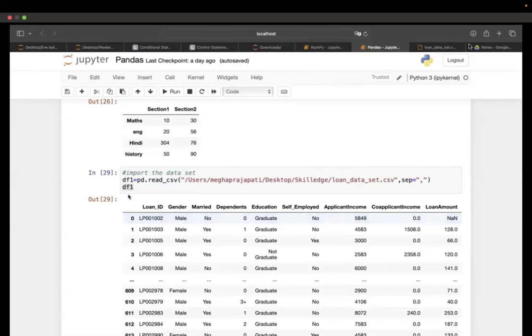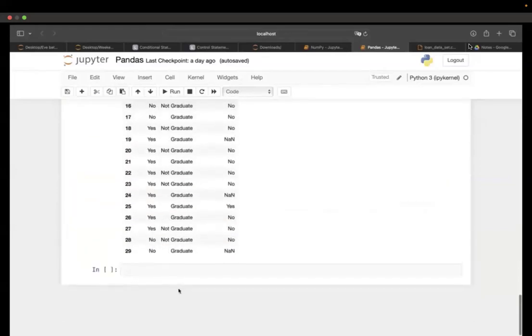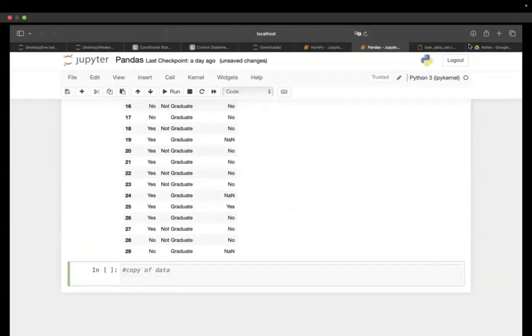You can see the correct format which I wanted to import was df1. So what I'm going to do is create a copy of the df1 dataset. If my original dataset gets disturbed or accidentally modified or manipulated, I can use the backup. DF1 is my original variable where I imported the data set. I'm going to simply write dot copy.